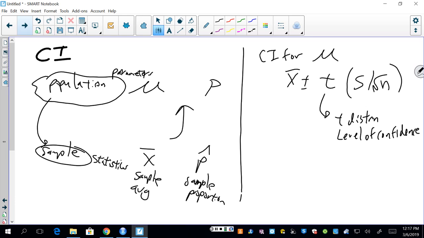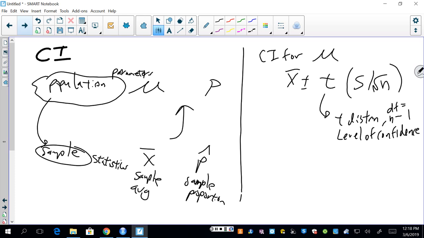We have this thing called degrees of freedom, which is one less than the sample size. The t was a little bit wider than the normal to express the extra uncertainty from estimating that standard deviation instead of knowing it.